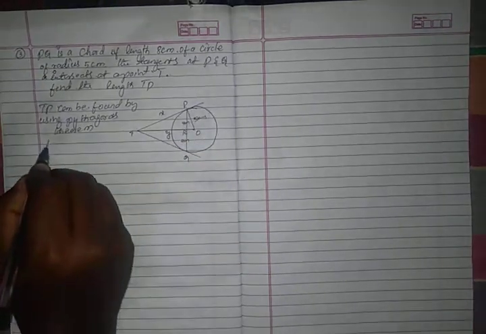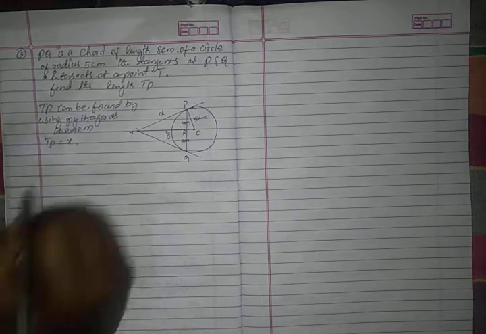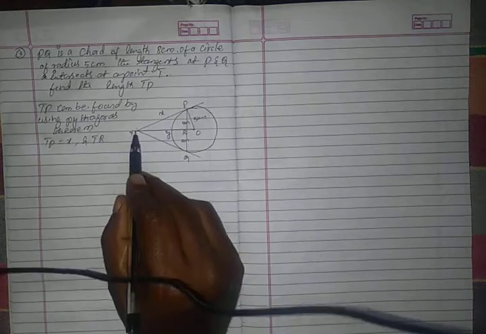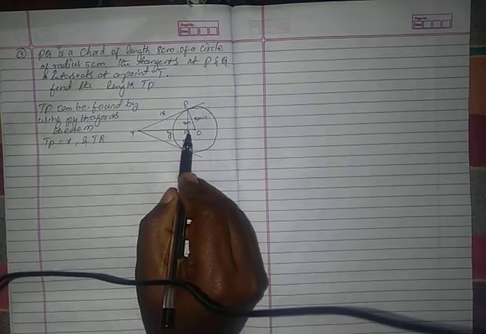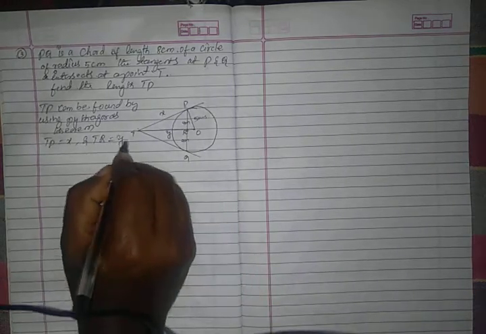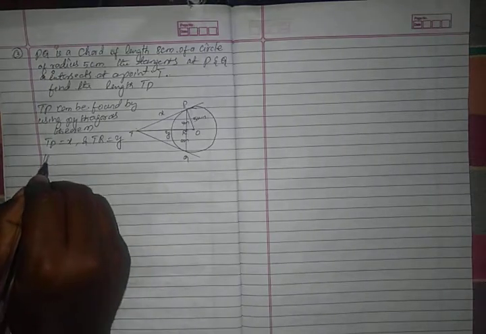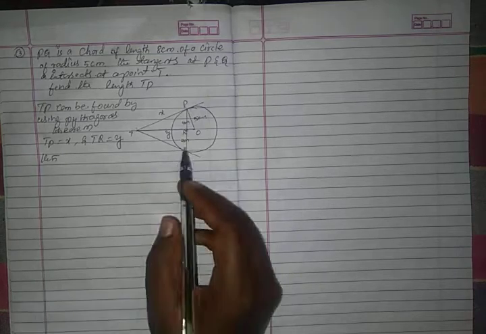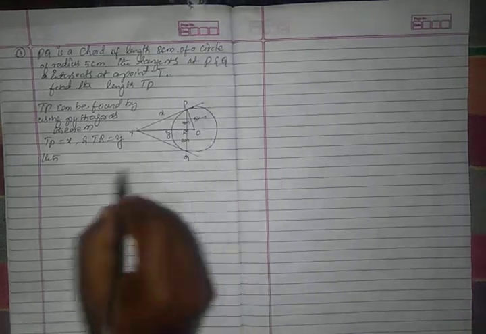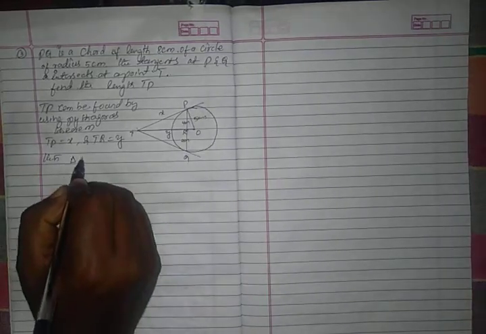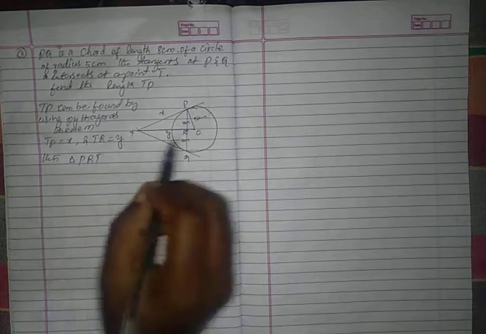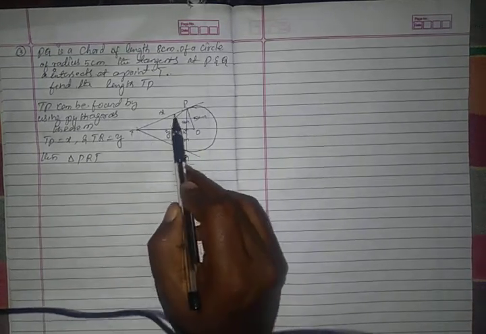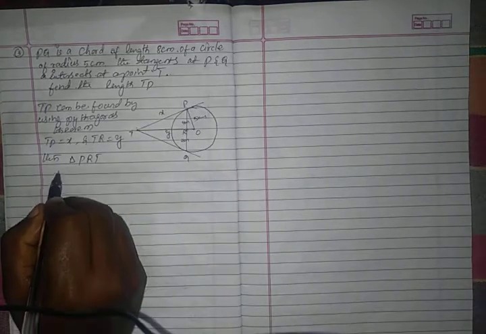Let us consider TP is equal to x, and TR is y. Then, by using the Pythagoras theorem, what is the triangle? By taking the triangle PRT, here the hypotenuse is PT.